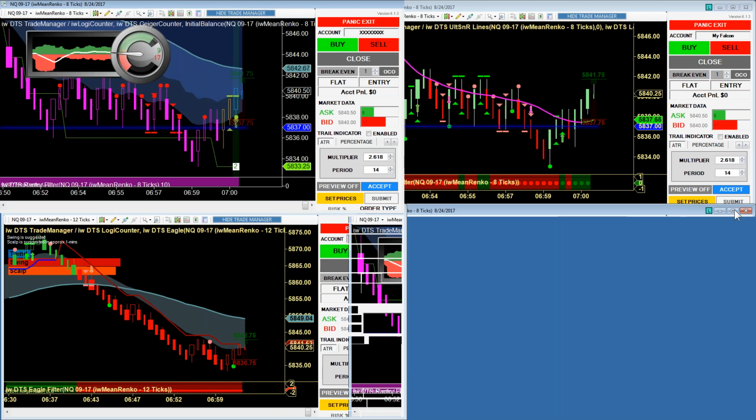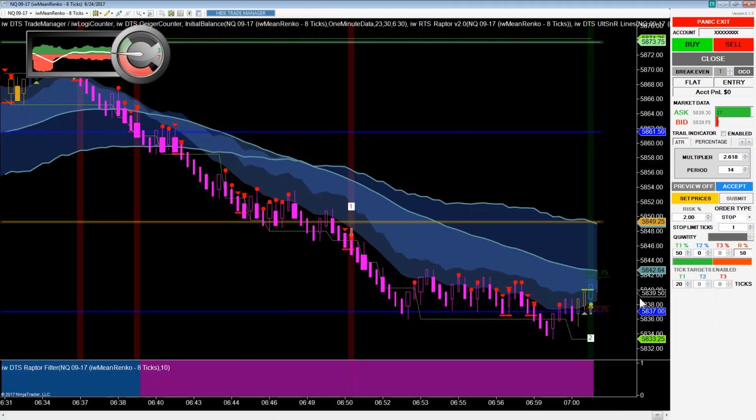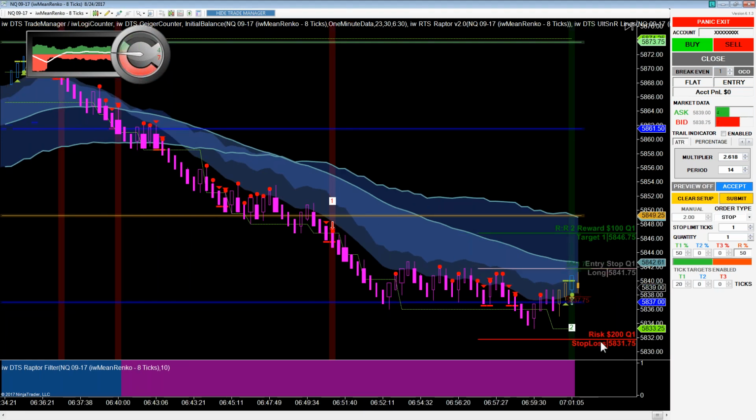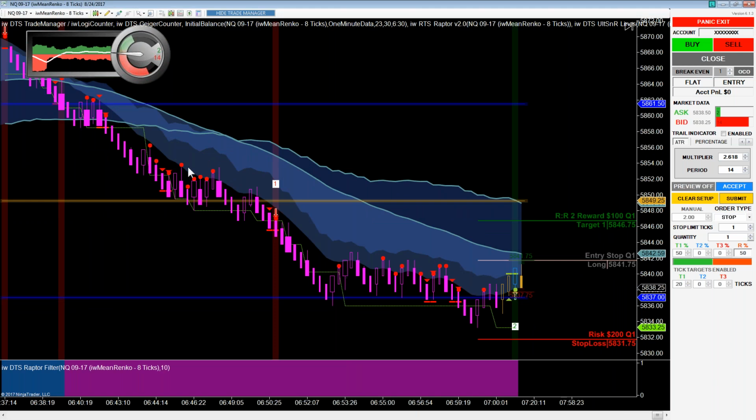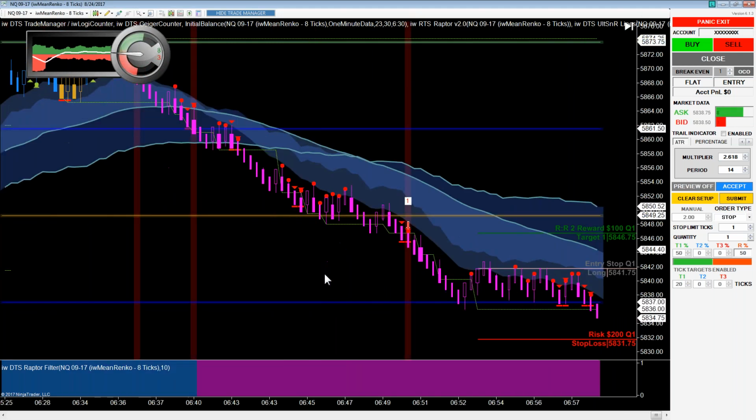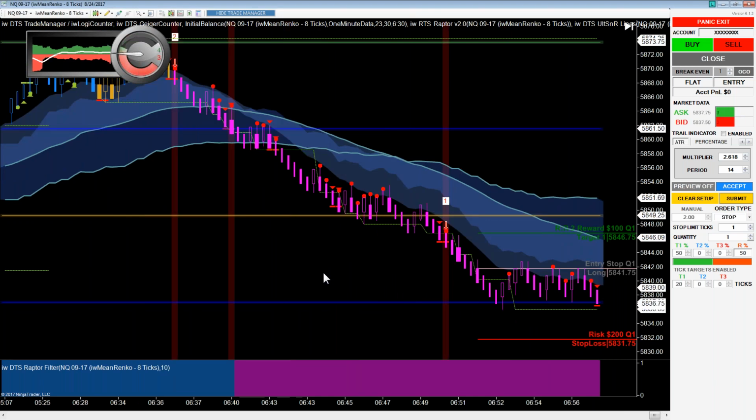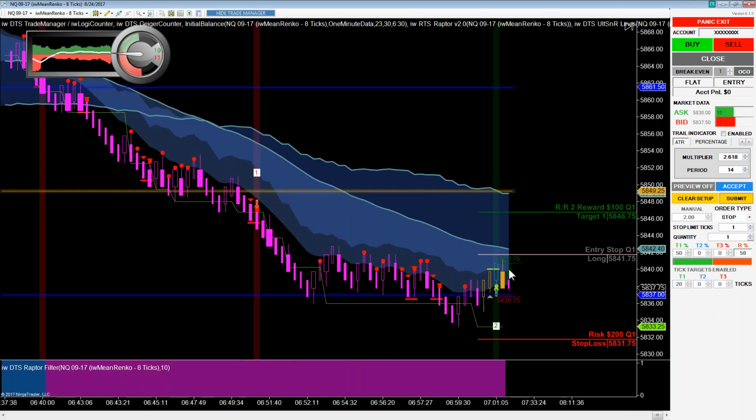Getting a little bit of a counter trend signal here. Dare I try to step in front of this freight train of a market? Sometimes when you're taking some of these counter trend signals and you've obviously got a downtrending market, you may want to take advantage of the second push entry opportunity.